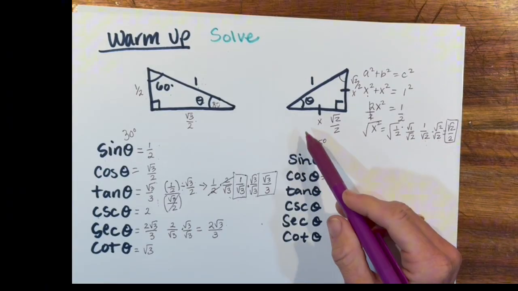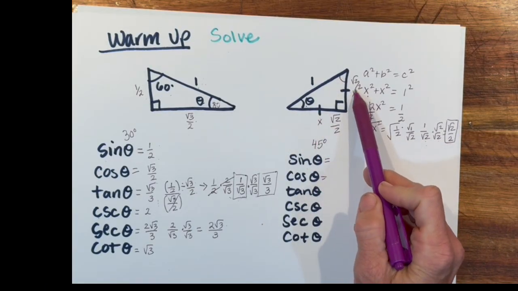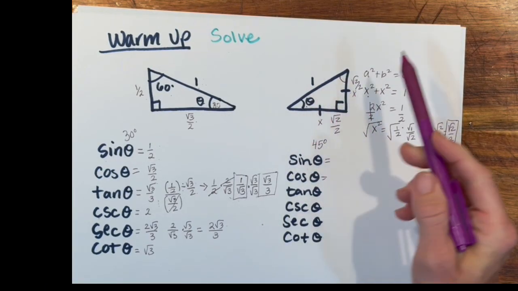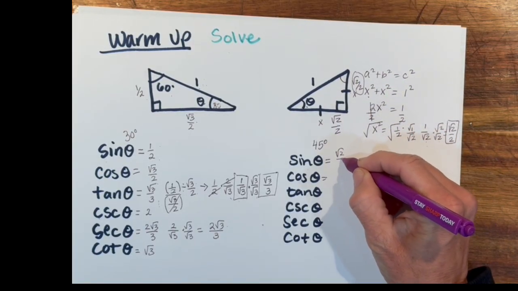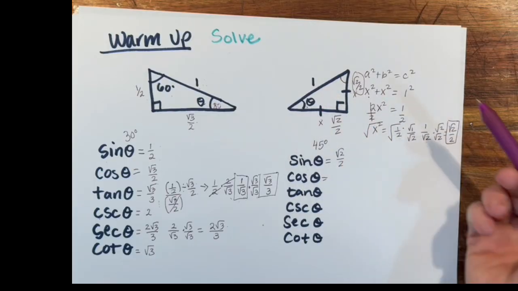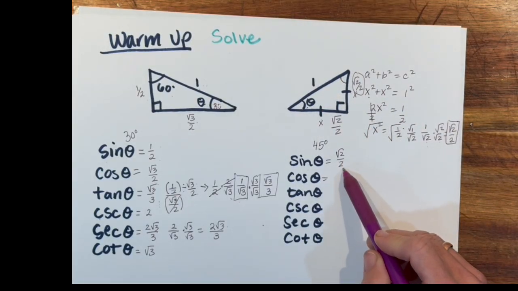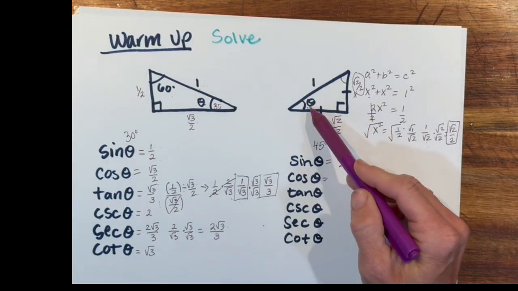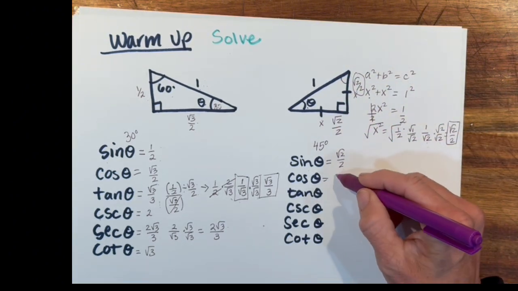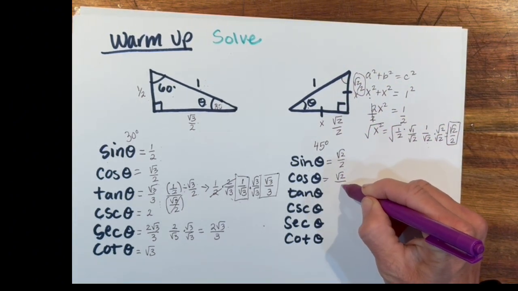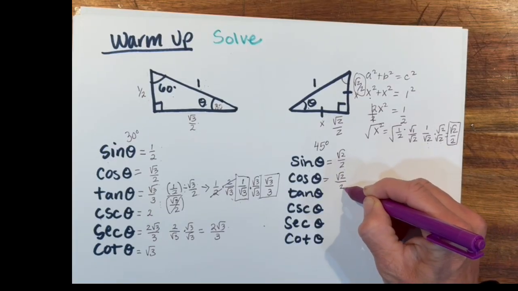So the sine is going to be opposite over hypotenuse, and the opposite is rad 2 over 2. Dividing that by 1, we're left with just this number. The cosine is adjacent over hypotenuse, so that's going to be the same thing because they're the same amount.